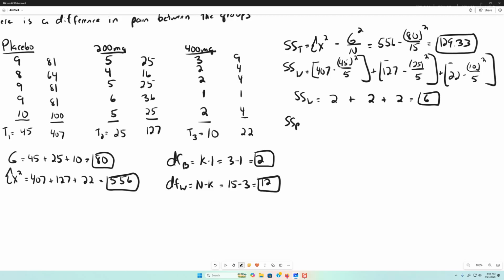So the sum of squares between is going to be equal to the T1 squared value over N1 plus the T2 squared value over N2 plus the T3 squared value over N3, or the sample size of each of the groups, minus G squared over N. So when I simplify this, I get T1 squared, which is 45 squared, right?